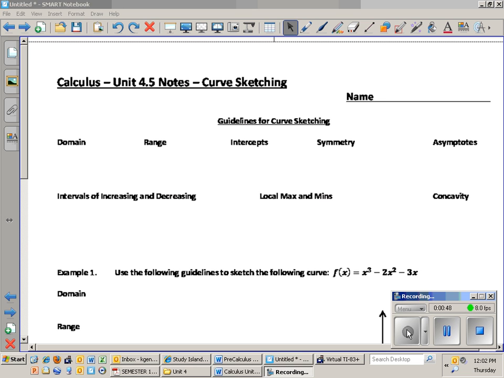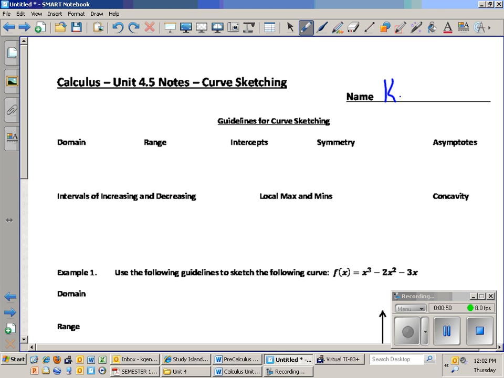Domain. What does domain represent? Domain is all the possible x values that we can input. As you think about domain, think about this, okay? For polynomials, domain is all real numbers.